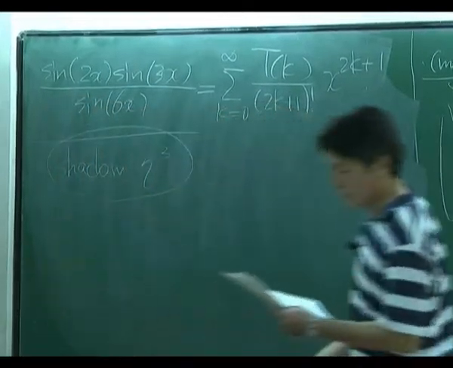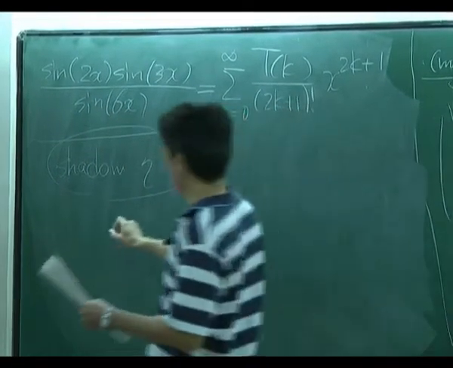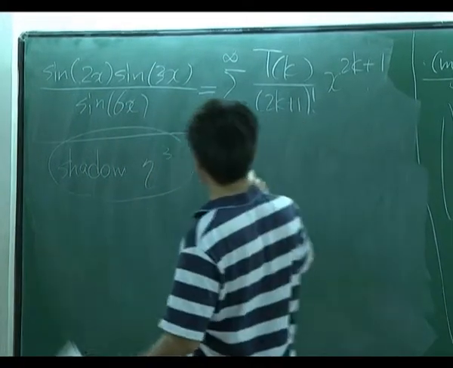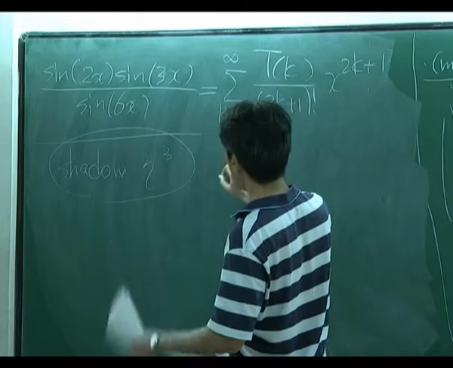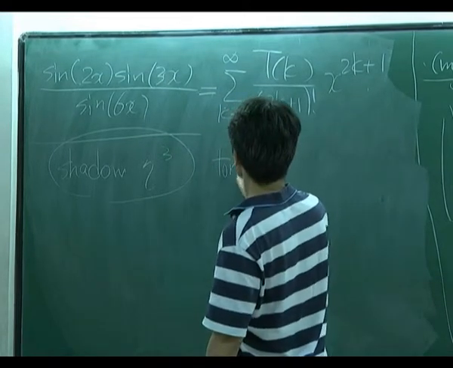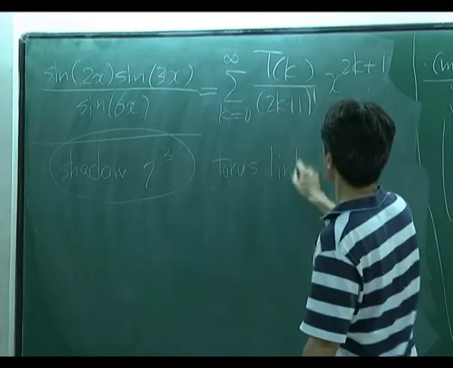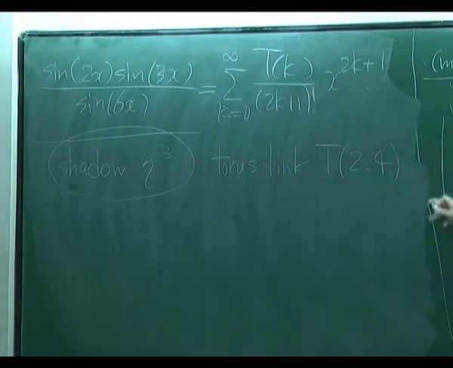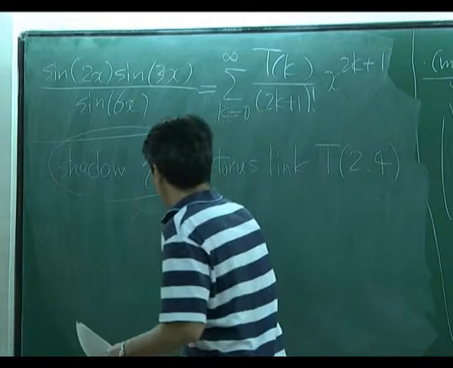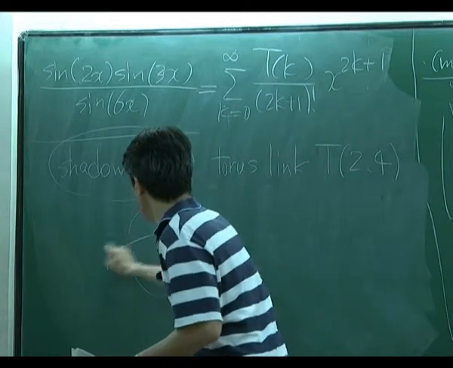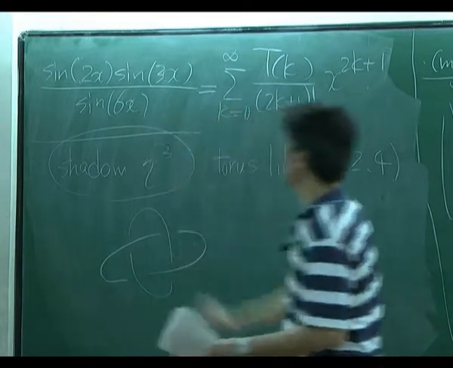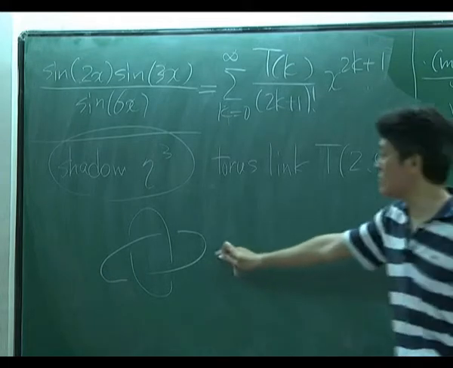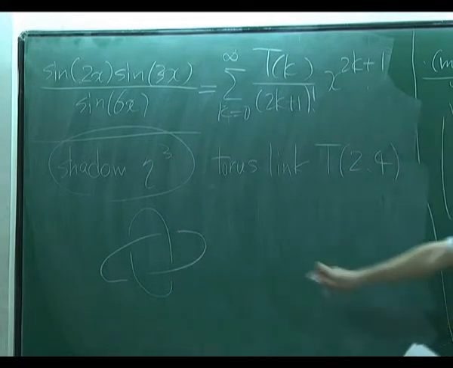We know the answer, and such quantum modular forms appear from the quantum Kashaev invariant for the torus link T(2,4), which is a link. We have two components and 4 crossings.